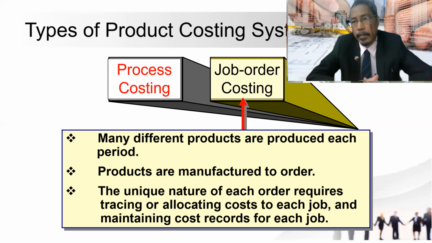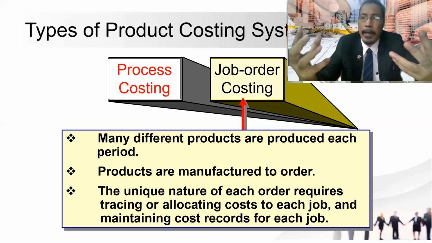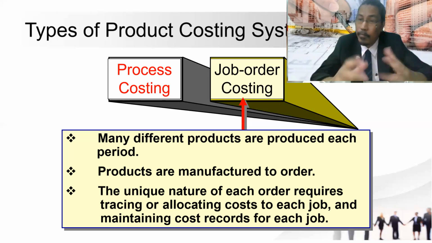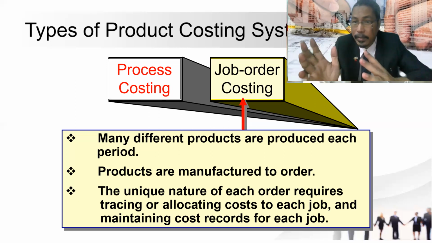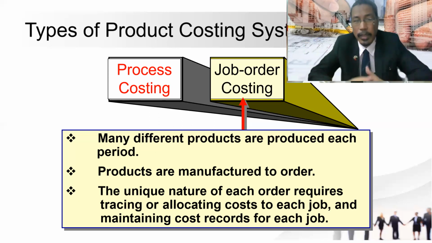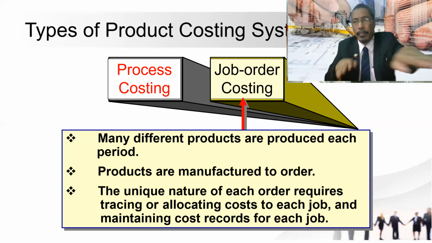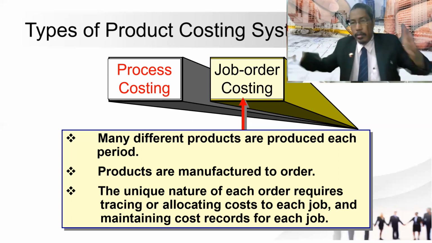They accept several orders at the same time, different types of products, but they produce them in the same period. It's not by batches, but the line is producing product A, product B, product C, all at the same time.